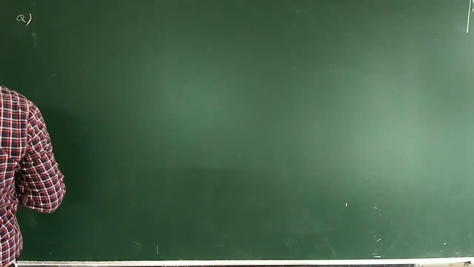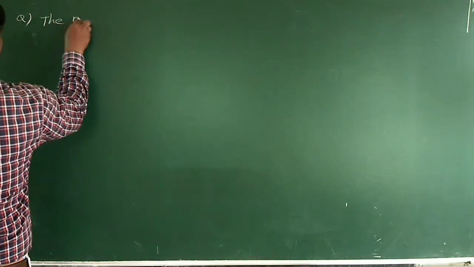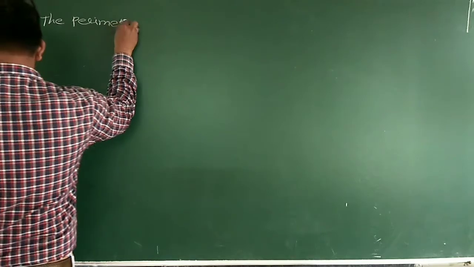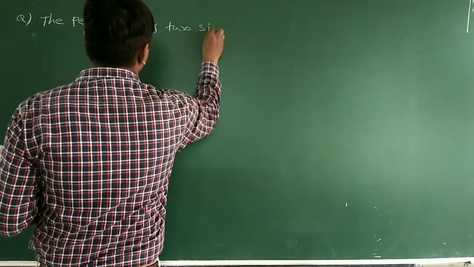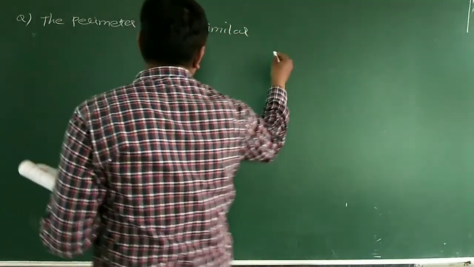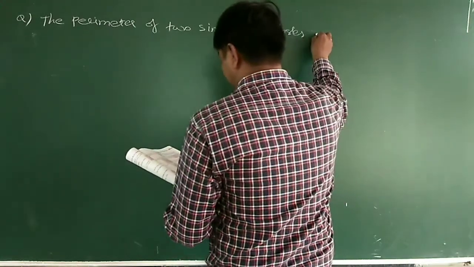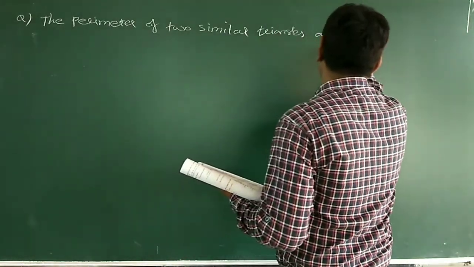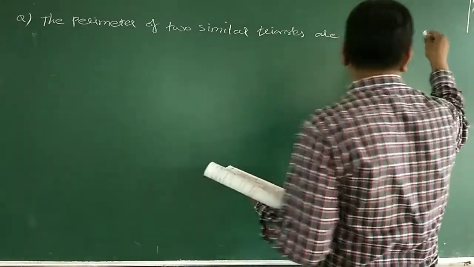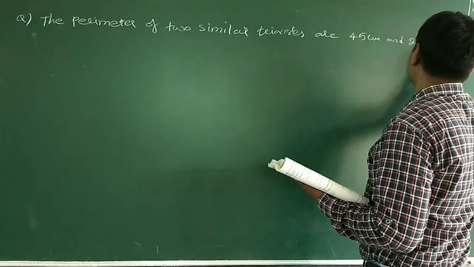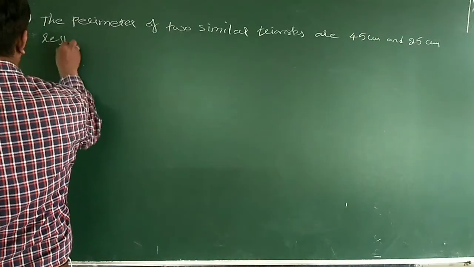The perimeters of two similar triangles are 45 centimeters and 25 centimeters respectively.